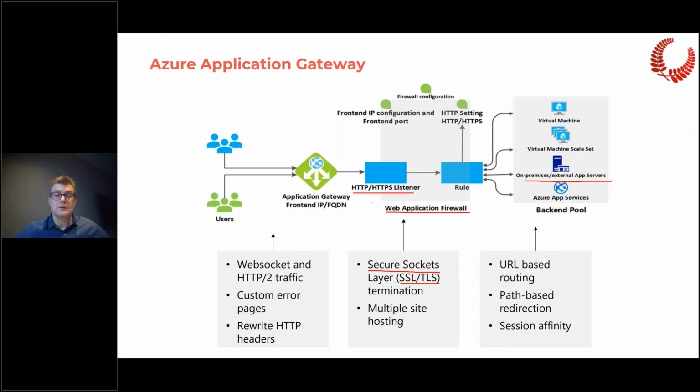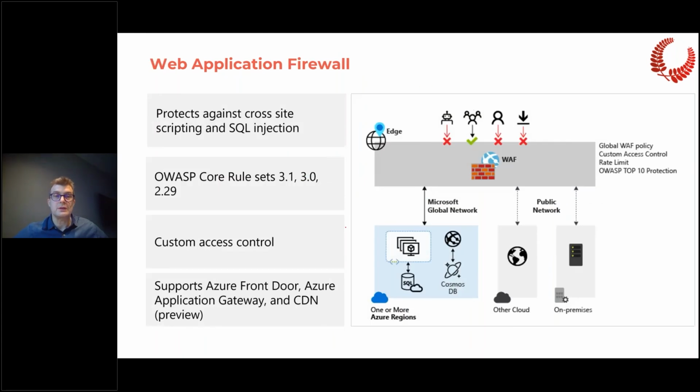And then we have a listener, of course, like with the load balancer. We have a rule, and we have the configuration for the front end and back end, where we also have the rules. These rules determine how the traffic will be redirected.